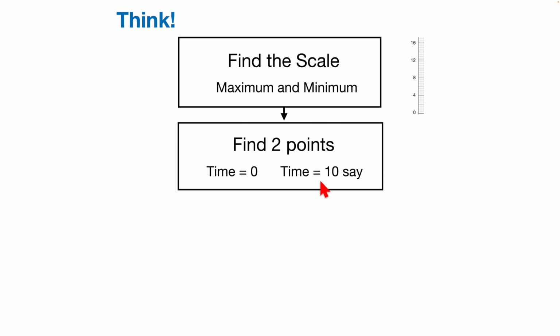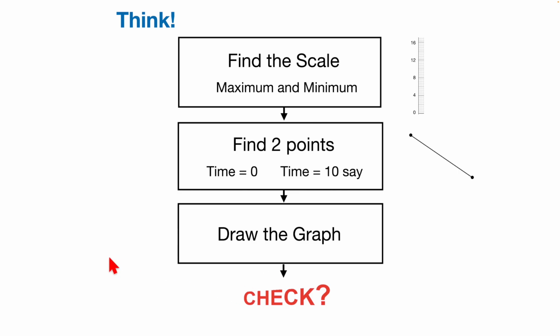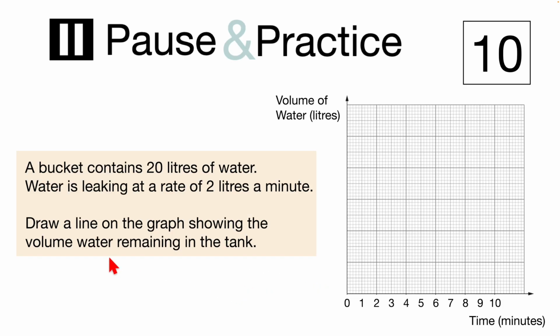It depends really on the bottom axis of time. But whatever you do, you work out your 2 points, and then draw your line. Or as I say down here, draw the graph. That's the easy thing. And then have a little look at it. Check it out. Is it going the right way? Is it right? Is it sensible? Hopefully it will be. So, here is your chance to show your skills.